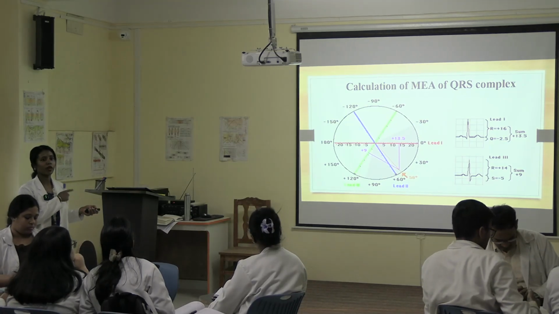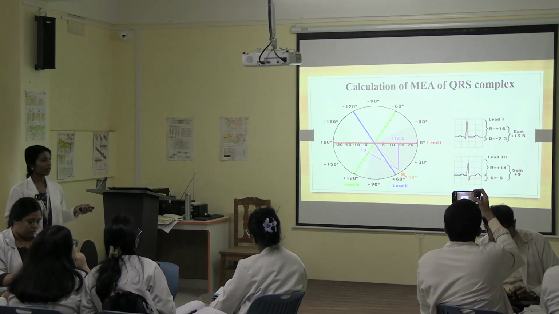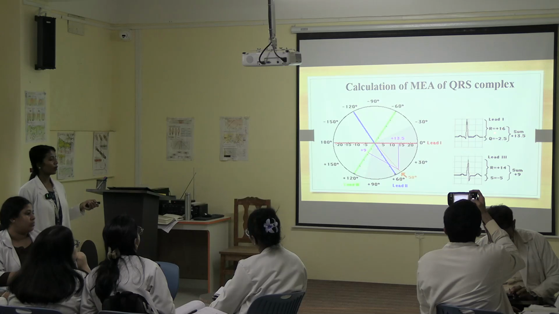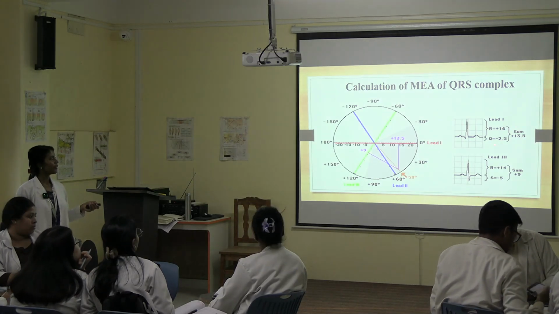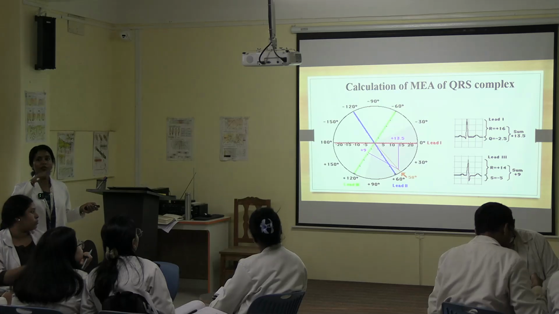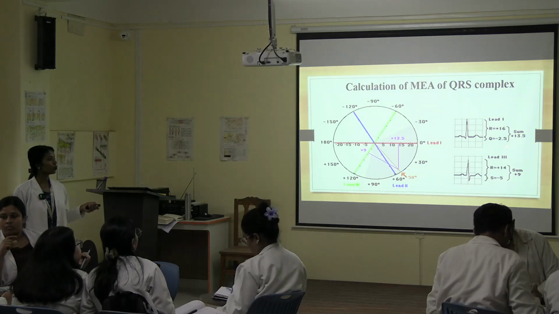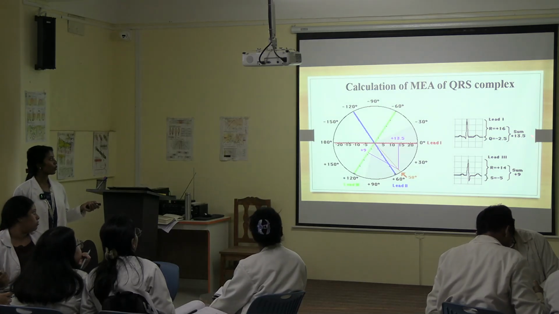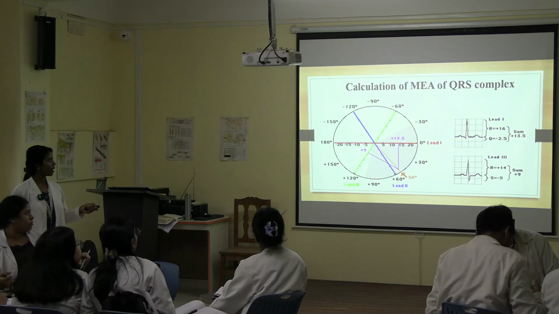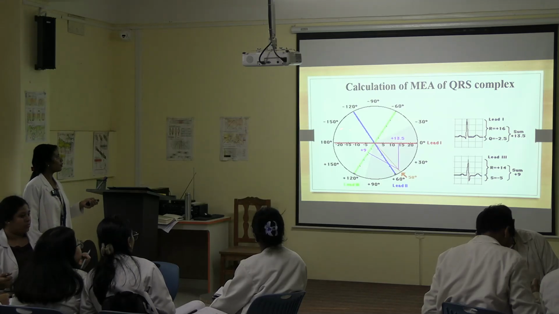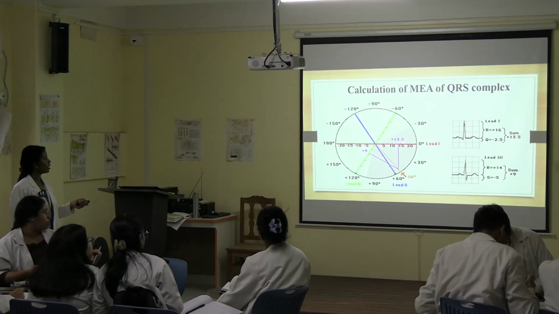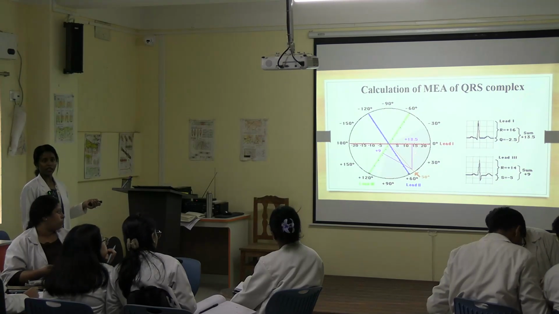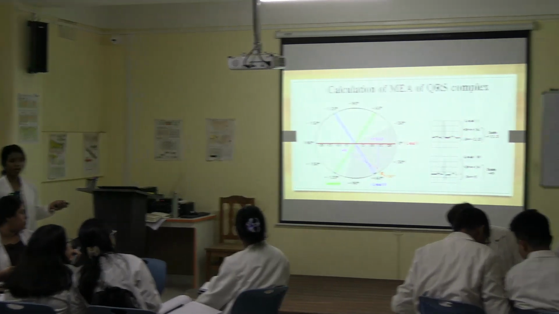The values might be different in your paper. The R wave, that is your positive deflection, is plus 16. Then Q, the negative deflection, is minus 2.5. So the sum will be plus 13.5. They have drawn a vector, okay, so from the center you go plus 13.5 along lead 1.